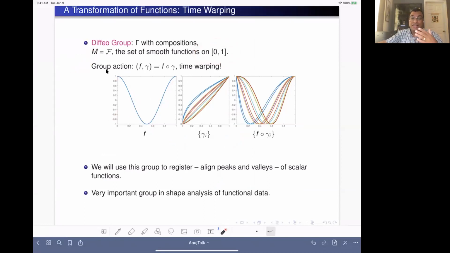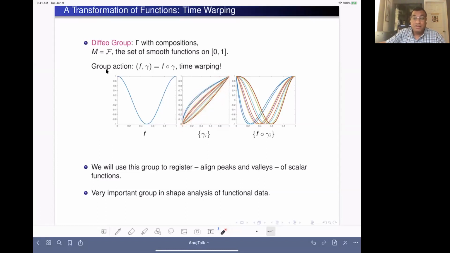They are invertible and the inverses are smooth. These diffeomorphisms start at (0, 0) and end at (1, 1). So they're always climbing, and they're climbing smoothly. The set of all such functions forms a group under composition. You can compose any two functions and you will get a function of this type.